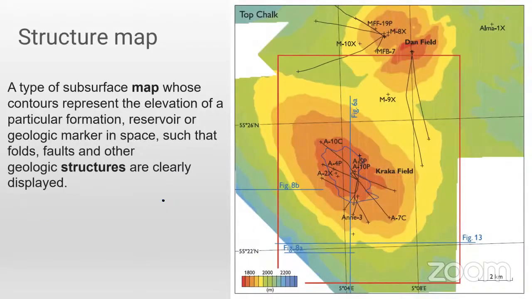What is the structure map? A structure map is a kind of subsurface map that shows the elevation of the reservoir. In those types of maps, you see that the elevation is always mentioned as a negative number.